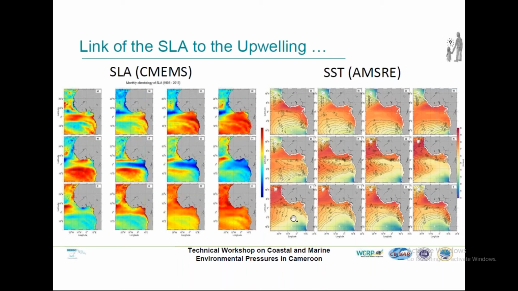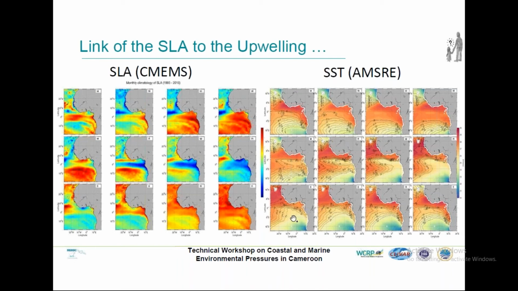On the right here, I'm presenting the monthly climatology from 1993 up to 2016. We can find out that during the months of June, July, August, we have this blue trend which is related to the upwelling, which all of us know has its peak of variations during the month of August.